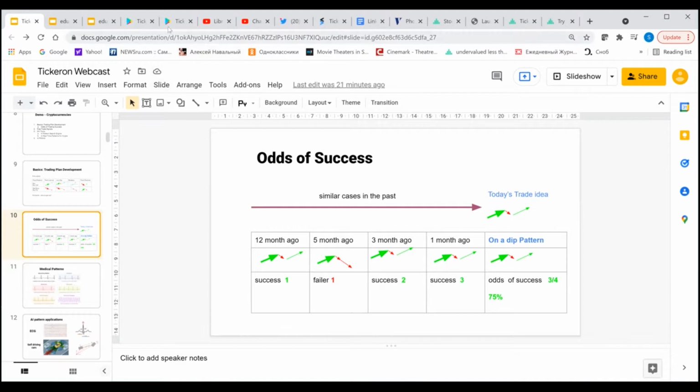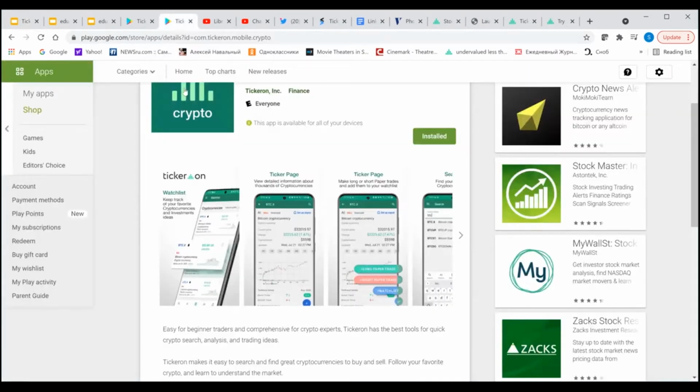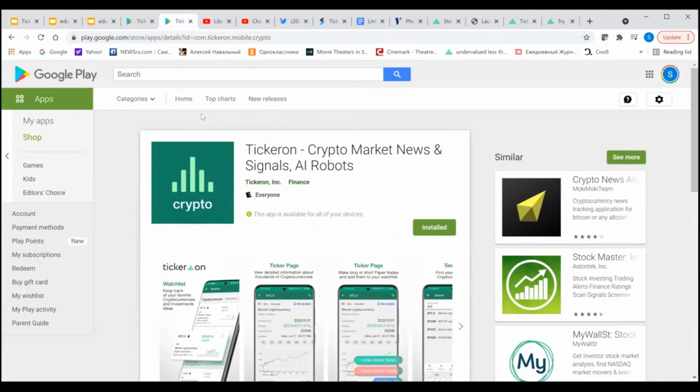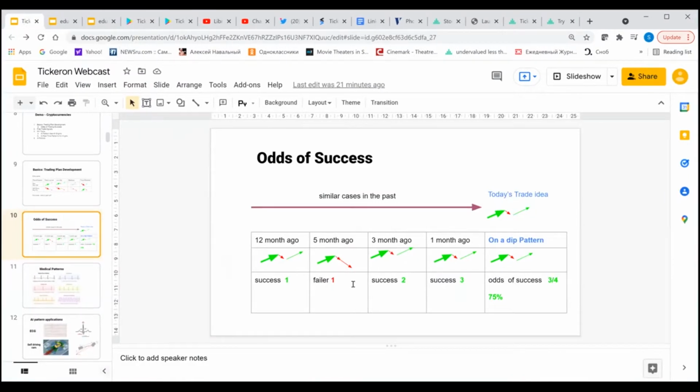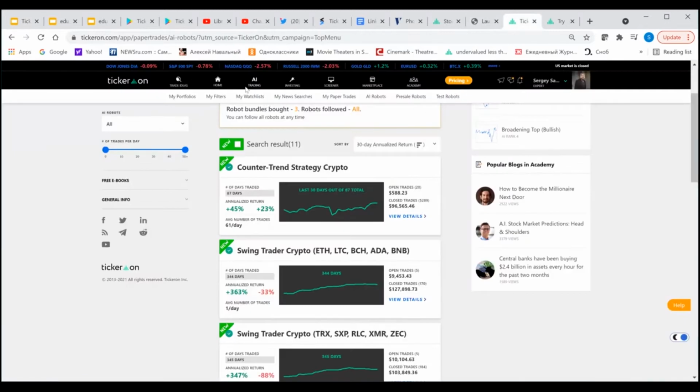If you want simple access to crypto, this is our mobile app on an Android device. Soon we're going to have a similar one on iOS. So you can get this type of analysis here.